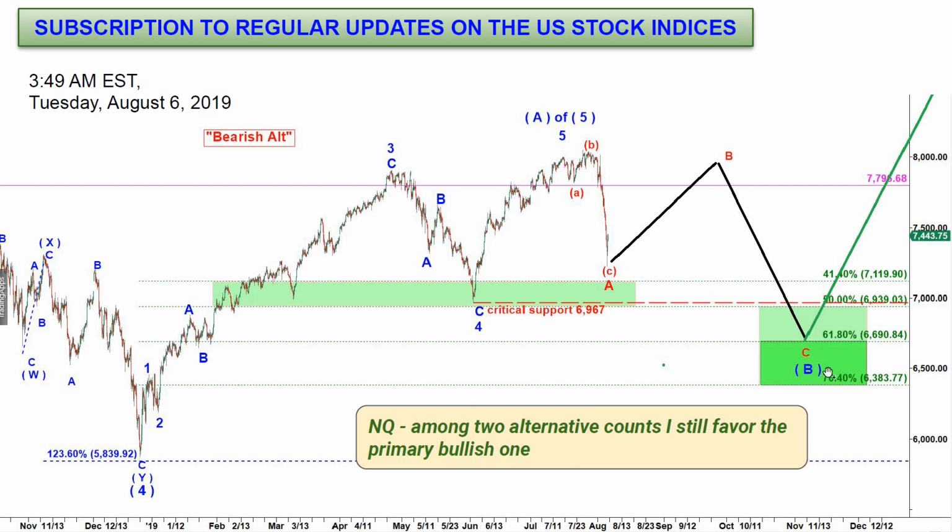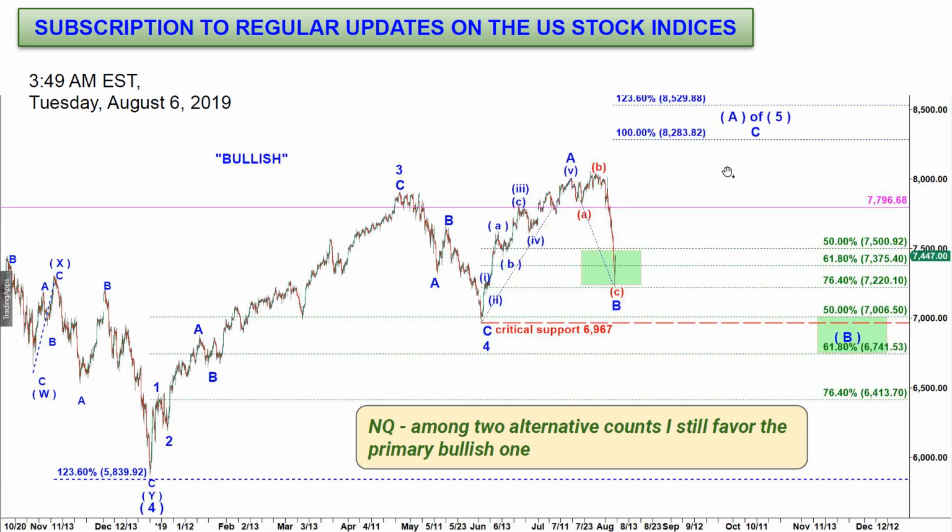But you can see that even under that bearish scenario, I said most likely the drop we got on Monday night was completion of the first leg down, and because that wave parenthesis B down anyway has to be structured as A down, B up, and C down, and A down is done, we may expect a corrective rally in wave B up. So in both cases, I said both counts expected a move higher, so we can get a directional bullish bias for several days.